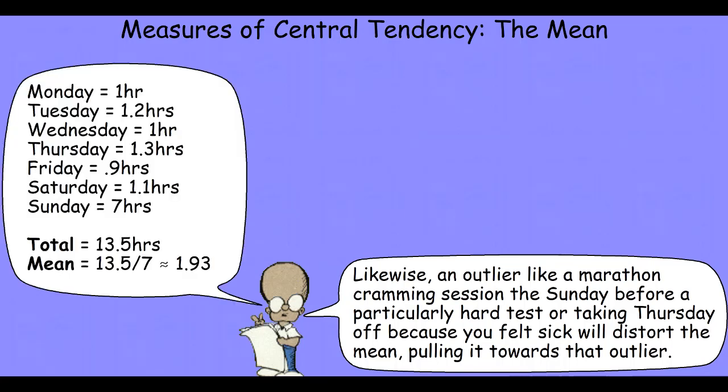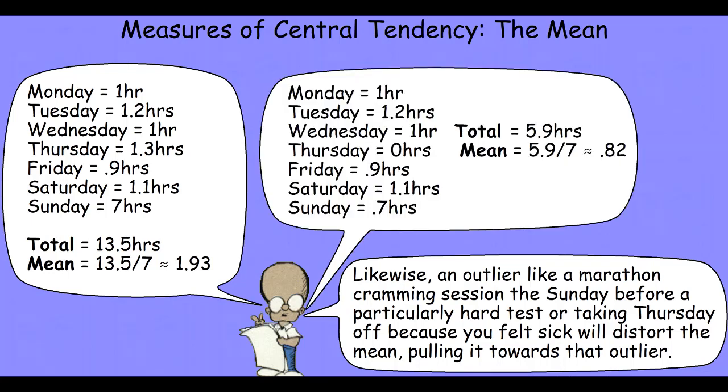So for instance, suppose you have that 7-hour Sunday study session, but all the other times are the same for you. Now your total is 13.5 hours. 13.5 divided by 7 nearly doubles the amount of time you would supposedly spend each day studying because of that single outlier value.